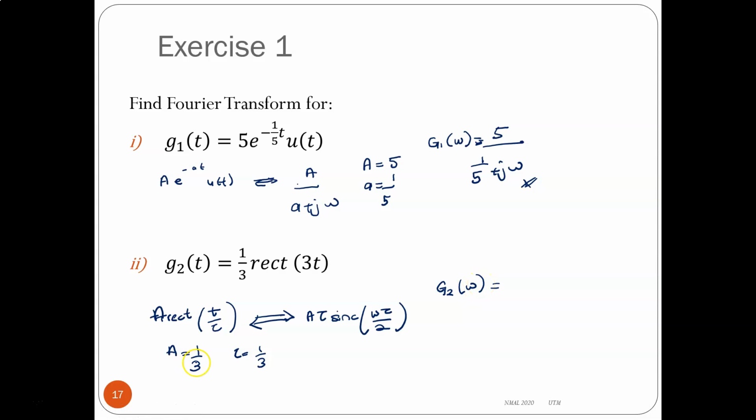We put A, which is 1 over 3, then τ, which is also 1 over 3, and then sinc(ωτ/2), with τ as 1 over 3 divided by 2. Solving this, you get 1 over 9 sinc(ω/6). This is your answer for the Fourier transform of g2(t).